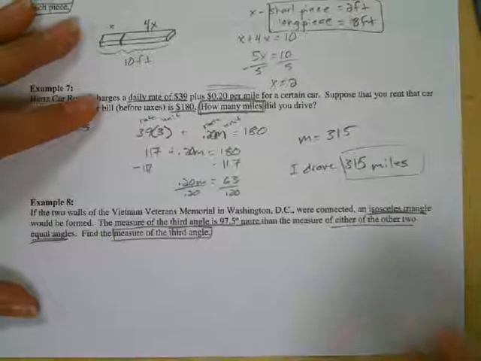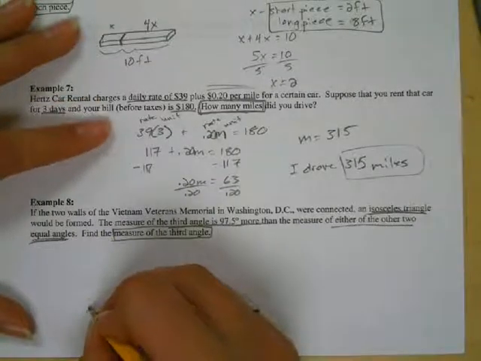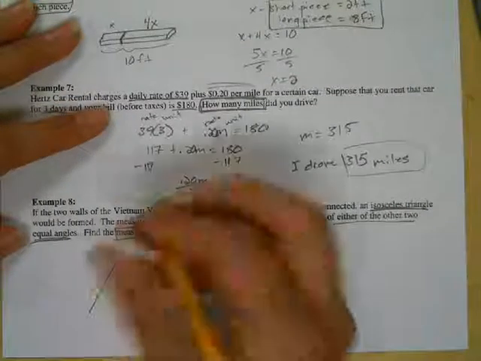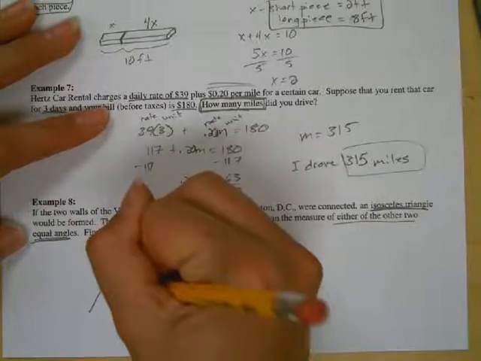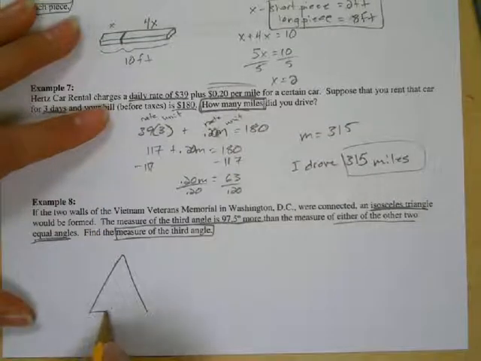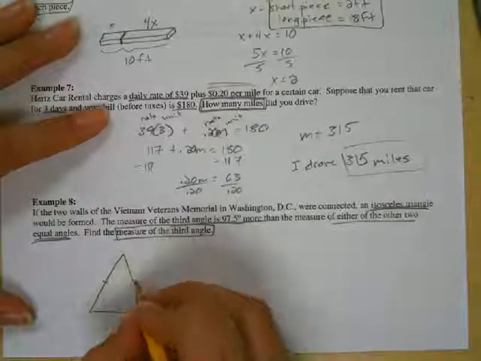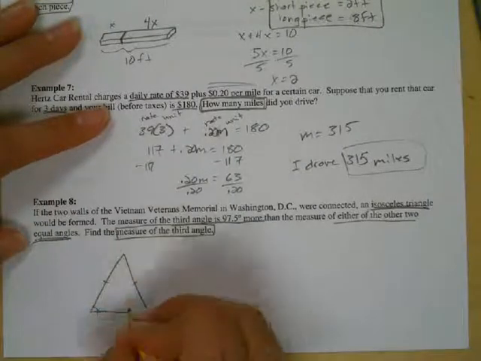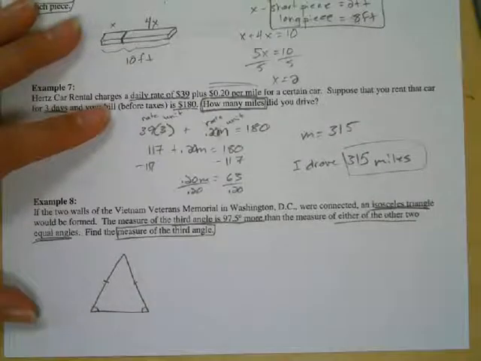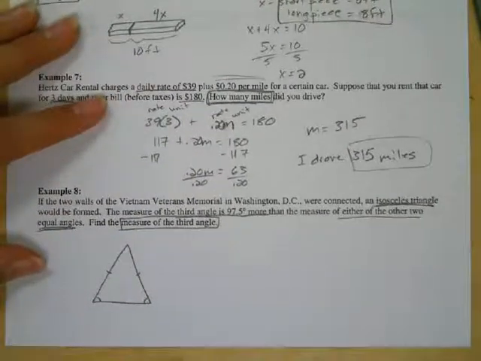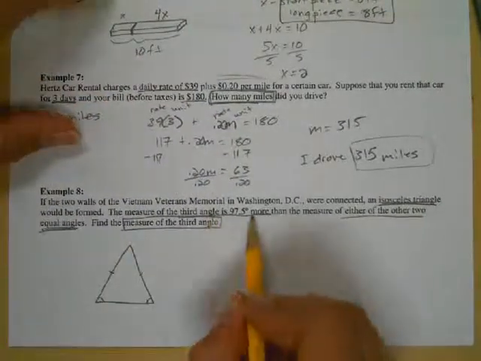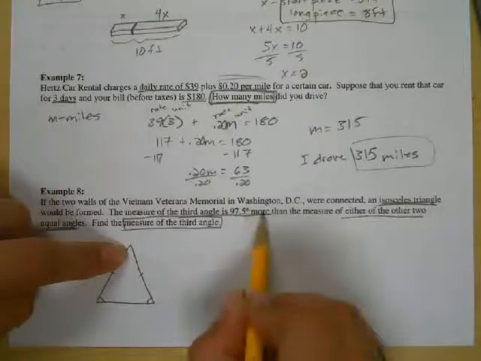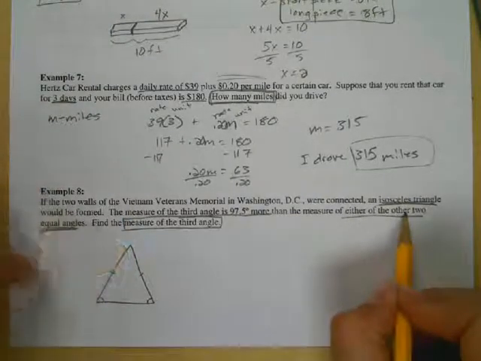Well, first I'm going to draw a picture. An isosceles triangle has two equal sides, so those two sides are the same. It also has equal angles because these two angles here will also be the same. Now it says the measure of the third angle is 97.5 more than the measure of either of the other two equal angles.